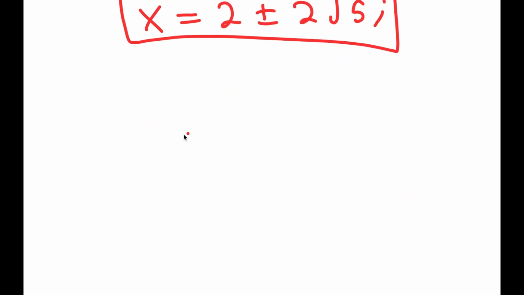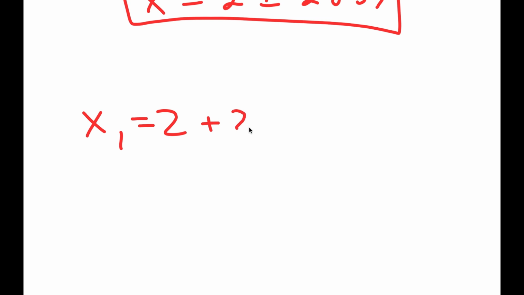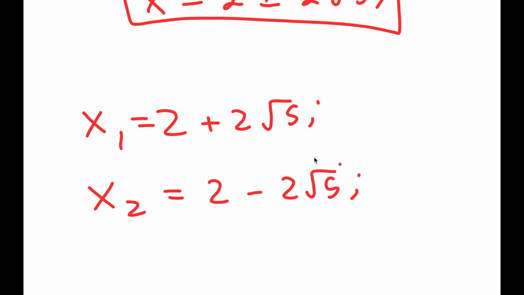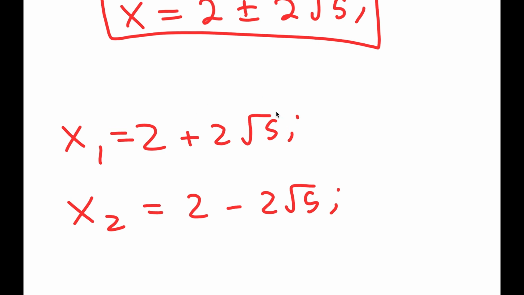So this means that I have two solutions of x. I have x is equal to 2 plus 2 root 5i, and x is equal to 2 minus 2 root 5i. And for each of these solutions of x, I need a solution of y, because remember, we're not just solving for x, we're solving for these solutions of x and y.